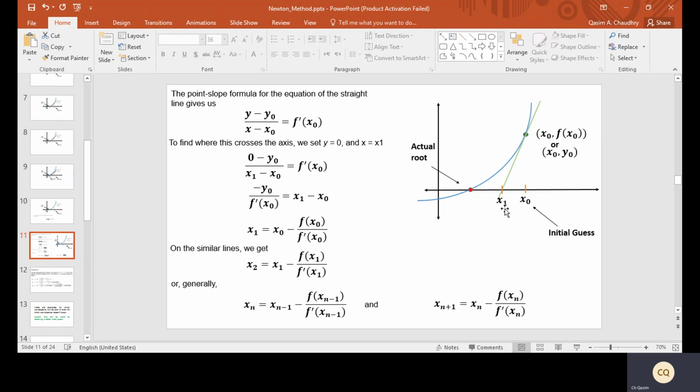So students, the important thing is that if it touches the x-axis at this point, y is equal to 0. Now x was the general x point, so we call this x to be x1. We call this a new name. Students, this is the new name, x1.